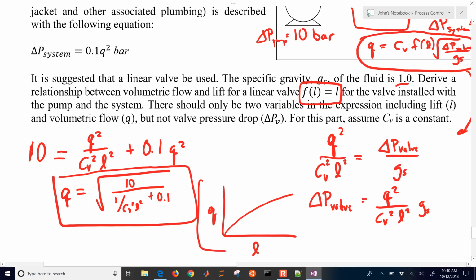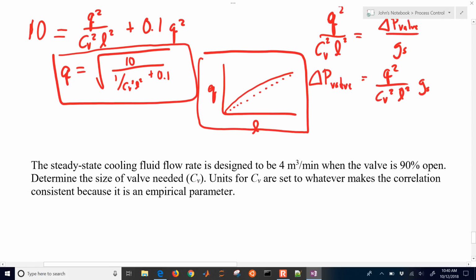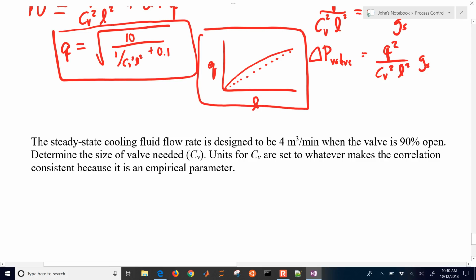This is going to be important because we want to have as much as possible a linear profile between the two, because then we can come up with one set of PID tuning parameters that can be used to control the flow. Okay, the steady state is designed to be 4 meters cubed per minute when the valve is 90% open.